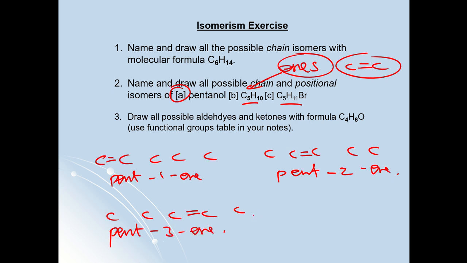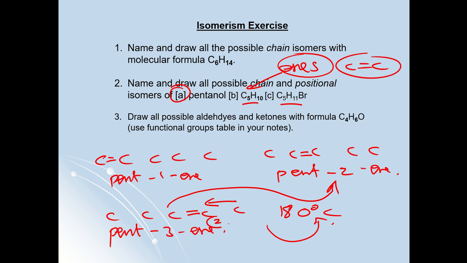Hopefully you were able to see that it doesn't, because in this case I would number from the right hand side to the left hand side, and in actual fact those 2 molecules are just exactly the same, except one of them is flipped 180 degrees. So this would actually be pent-2-ene, and again if you wrote this one and this one in your answer, you'll get a mark for that, and then you will lose your mark because you've duplicated and called the same molecule a different name. So you've shown a lack of understanding there.